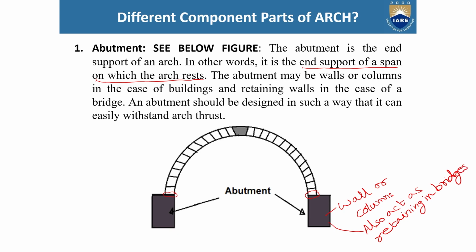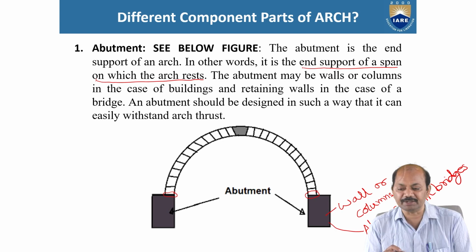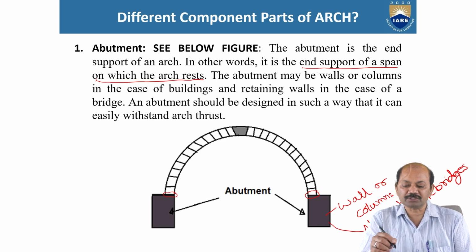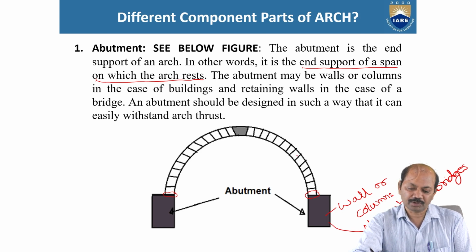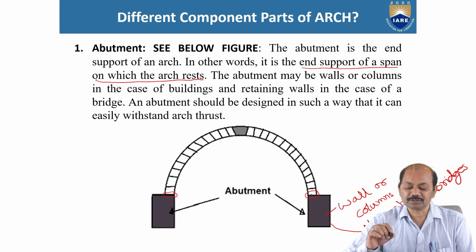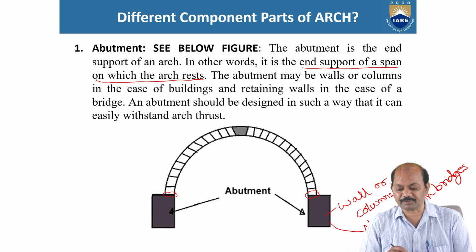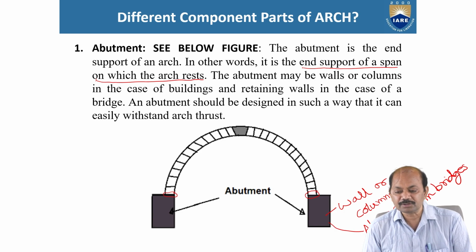Right? An abutment should be designed in such a way that it can easily withstand arch thrust. It should be able to resist the thrust, meaning the force coming from the arch should be resisted by the abutment.